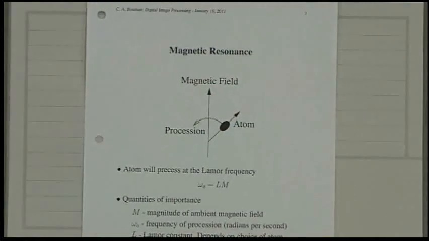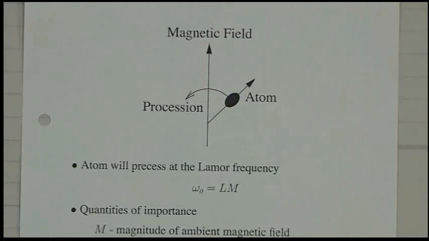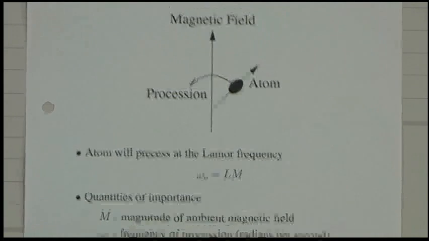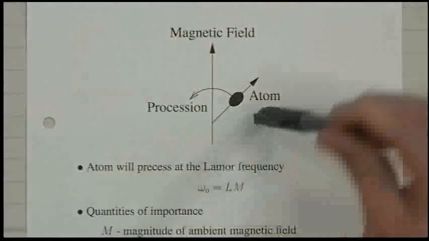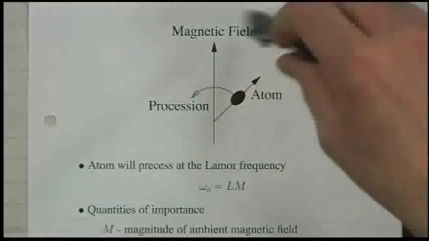So the basic concept in MRI is that you put a nuclear species that has a magnetic dipole in it in the presence of a magnetic field, and then it precesses around the axis of that magnetic field, much like a top would precess that was spinning.